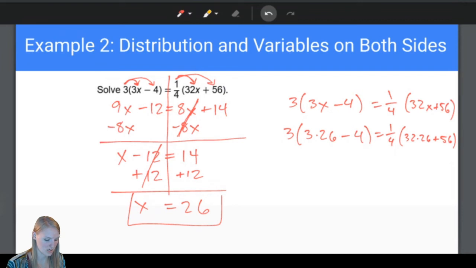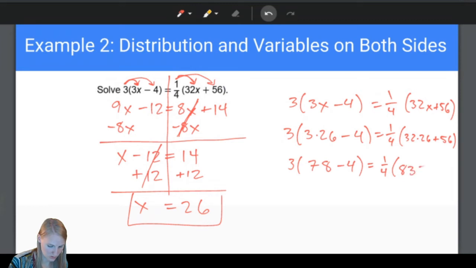Okay. 3 times 26, I don't know that in my head, is 78, minus 4 equals 1/4 times, 32 times 26 is 832, plus 56. 78 minus 4 is 74.